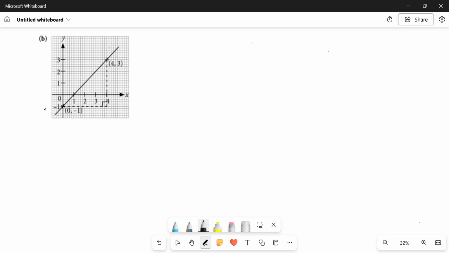Can you see this? This is minus 1. This line hits the negative side of the y-axis. So here the y-intercept is minus 1. The line hits at minus 1, right?